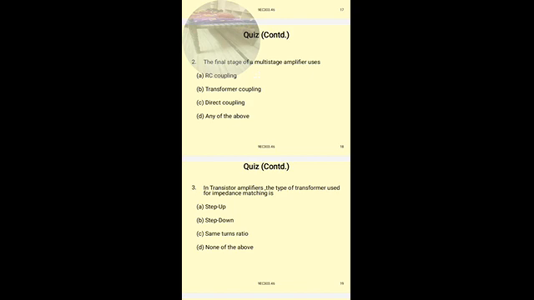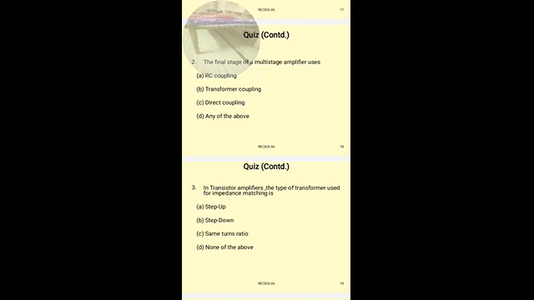In transistor amplifiers, the type of transformer used for impedance matching is a step up transformer, step down transformer, N1 N2 same turns ratio, or none of the above? So here the output impedance of the amplifier is in general large compared with the load.